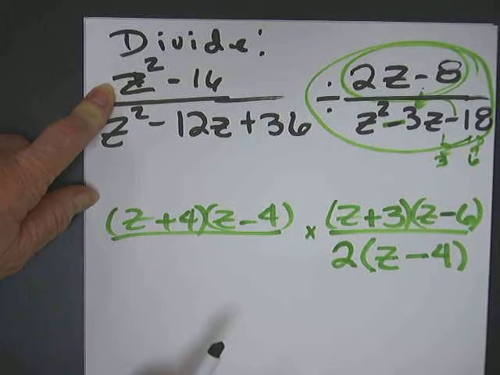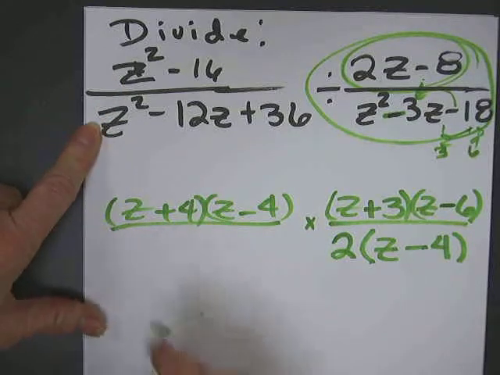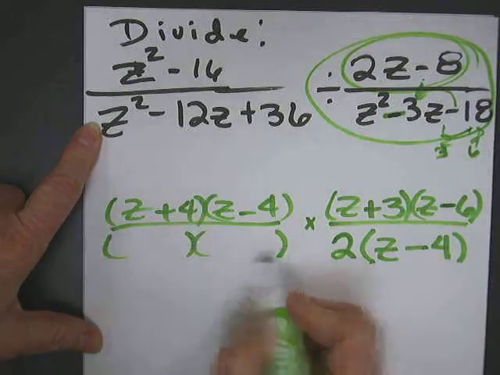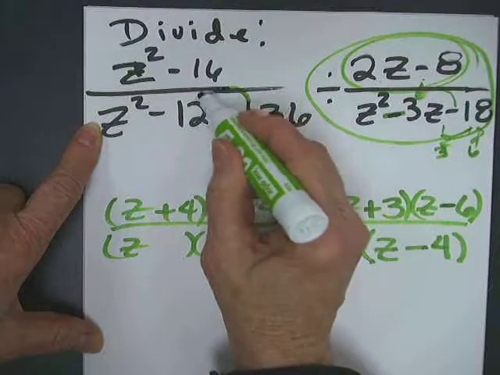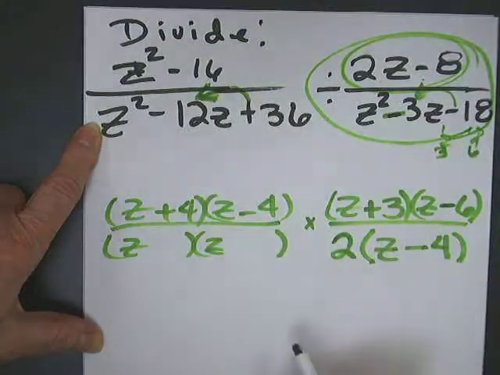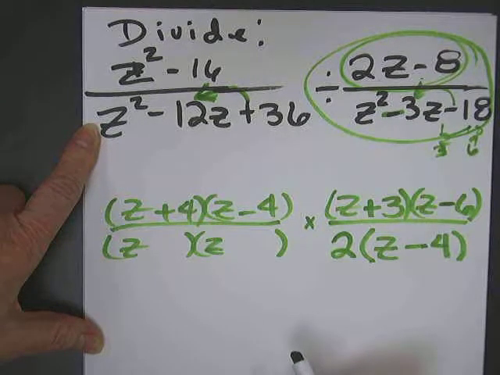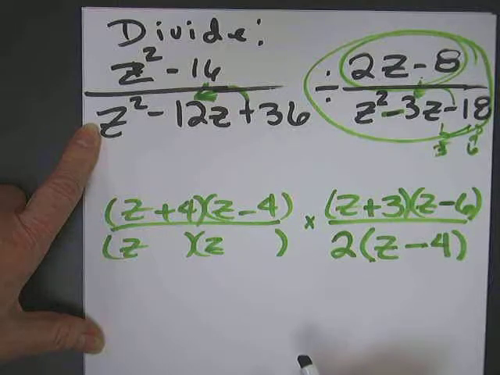Which ones subtract to give us 3? 3 and 6, right? We got our 3 and our 6. We need a negative 3. Yeah, the biggest one gets the negative, right? Okay.